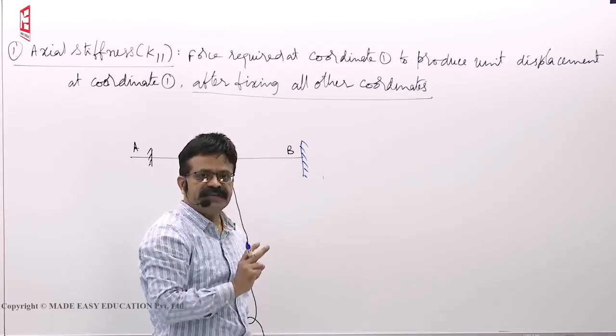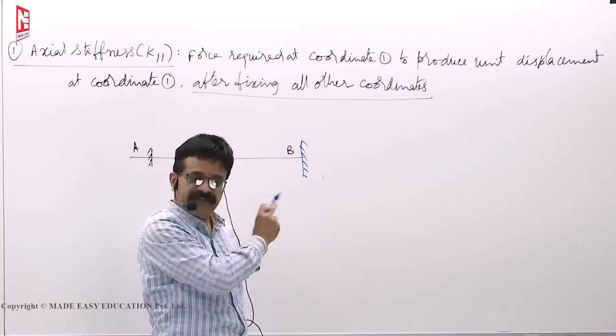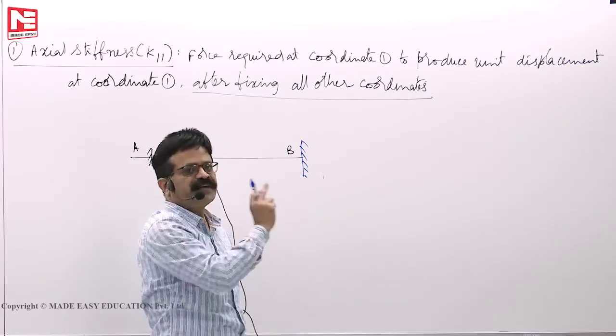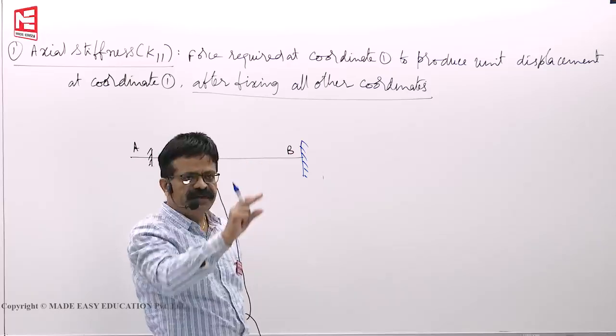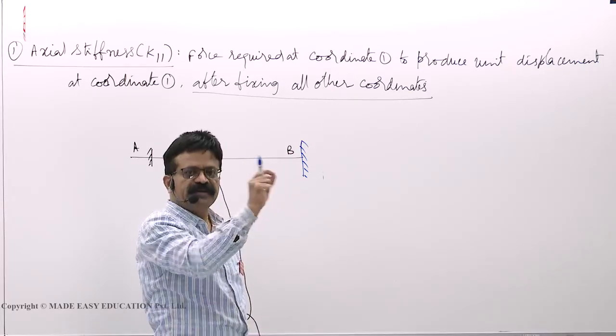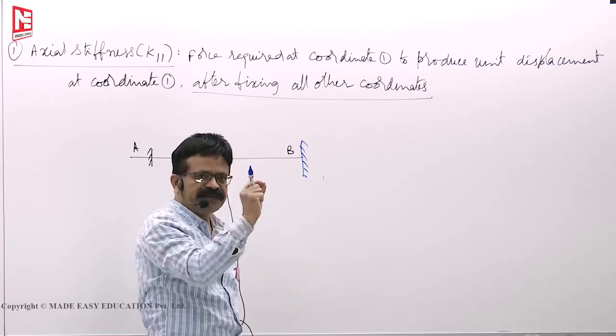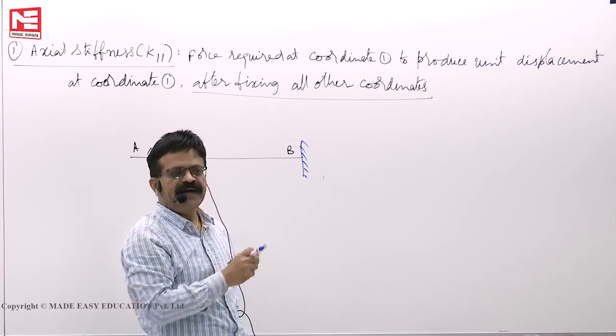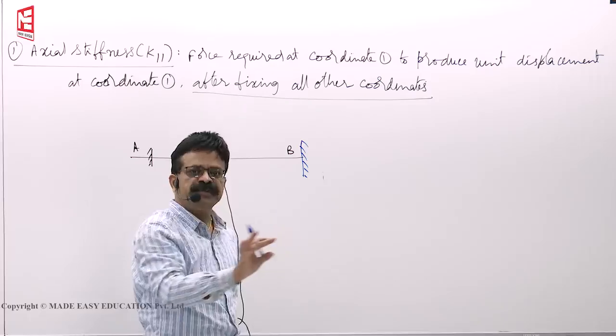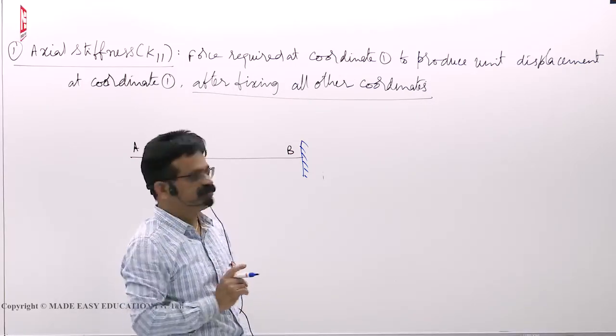Then how much force is developed or how much force is required for that process? That we call stiffness. Stiffnesses are always defined that way. All other displacements you prevent. Whatever stiffness you want, for that only give unit displacement and find how much force is required. And that force required is not beyond your strength of materials concepts.